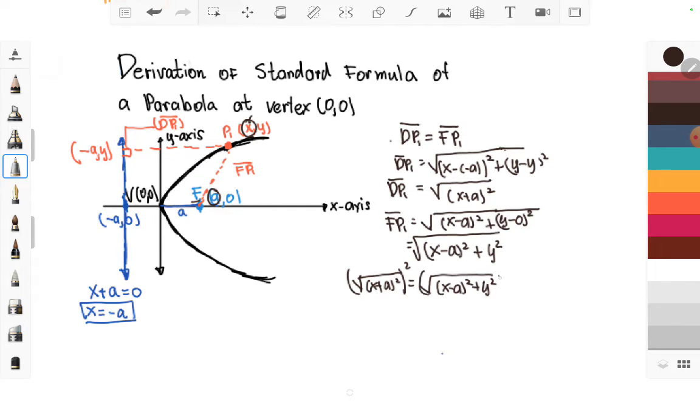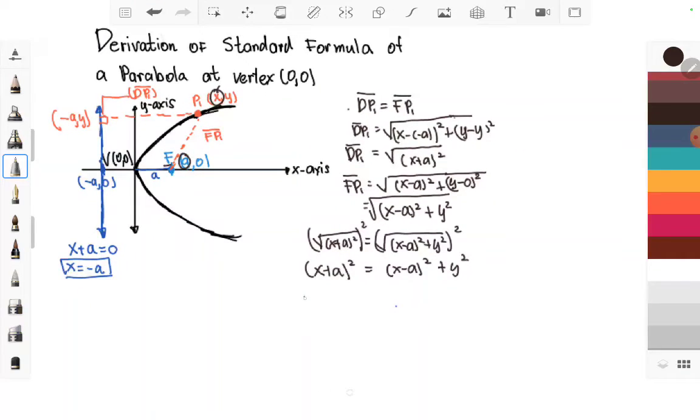Squaring both sides, you will have (x plus a) squared equal to (x minus a) squared plus y squared. In here, we will have x squared plus 2ax plus a squared, which is equal to x squared minus 2ax plus a squared plus y squared.